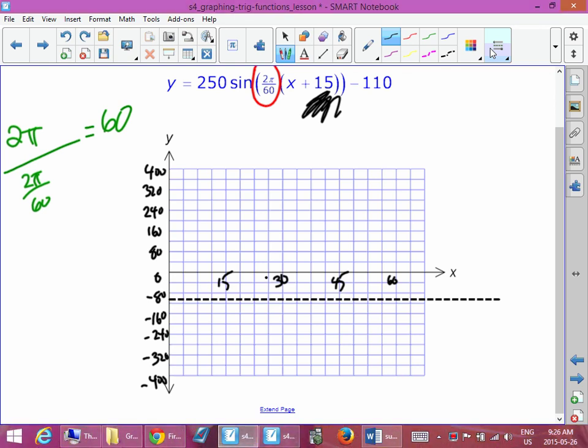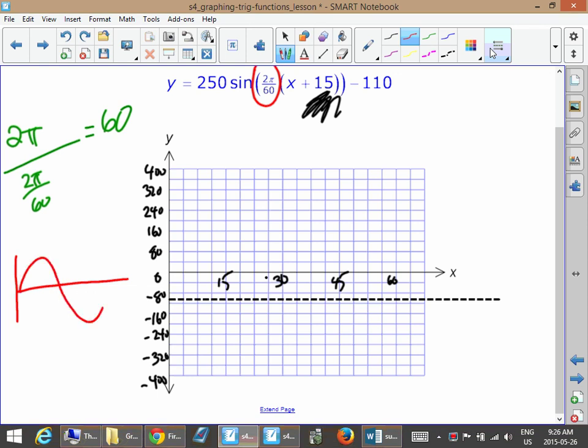So if we're going to take what's at 15 and shift it over to the 0, we have to think of what this graph looks like. And all I'm going to consider right now is a scale. That's it. I'm not going to consider D. I'm not going to consider A. I'm just going to consider what the period is. Okay? This is a sine curve.